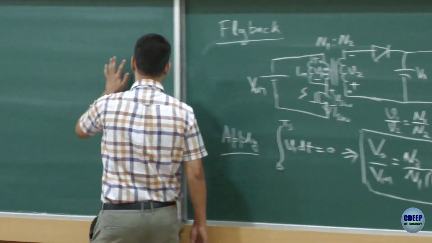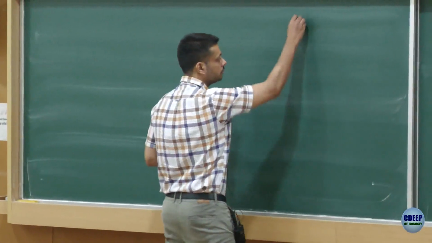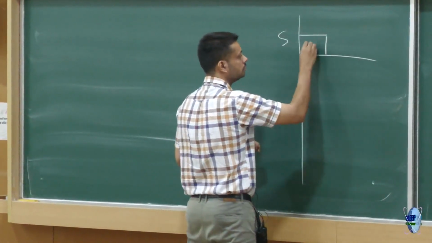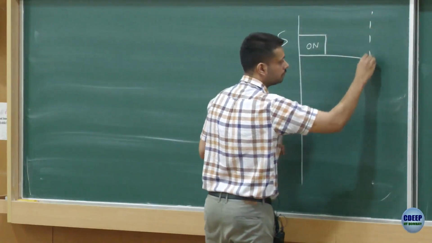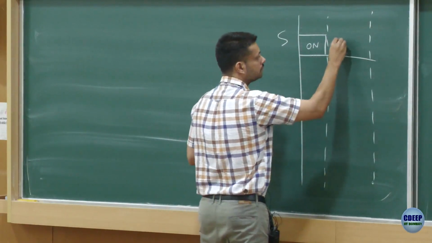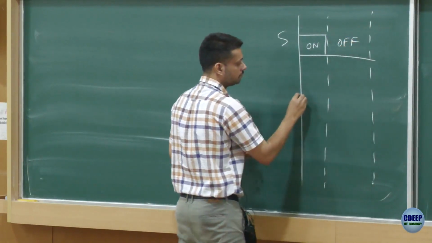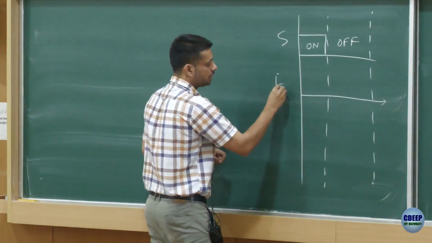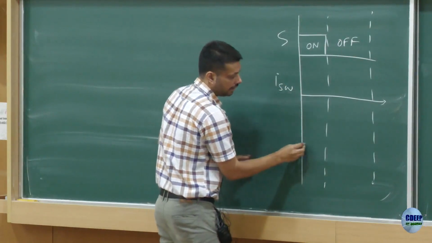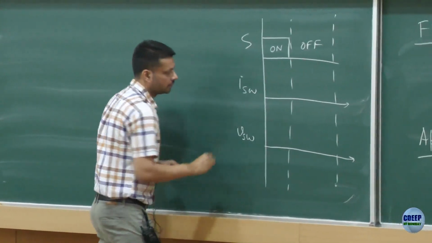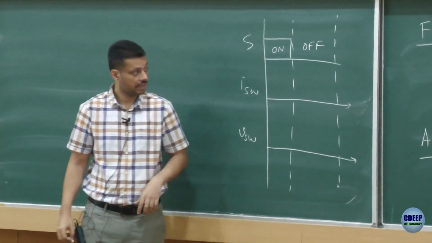I can draw it on this side then, probably. So we need to draw the switch current and the switch voltage. How would the switch current look?